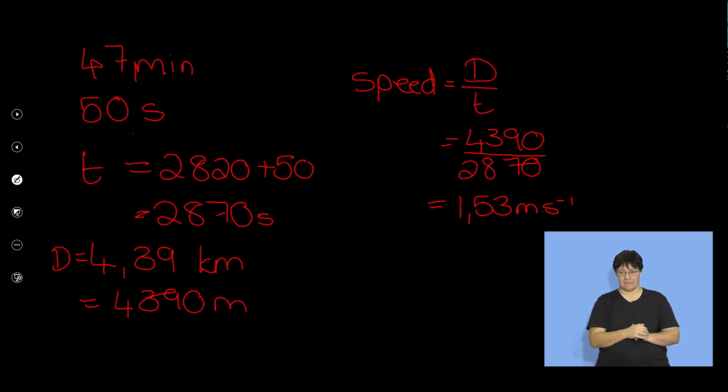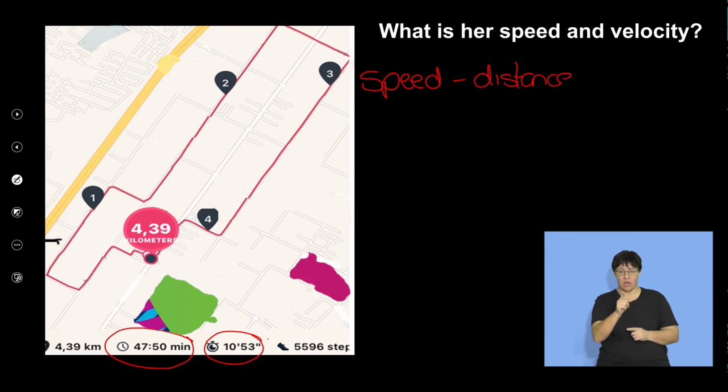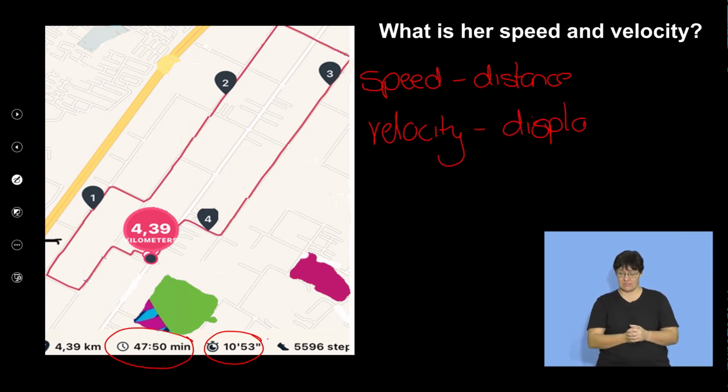The second part of this was, what is her velocity? Now, velocity requires me to use displacement. Essentially, she stopped and started at the same place.